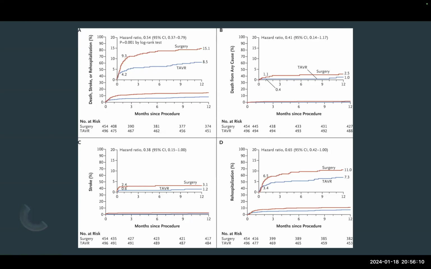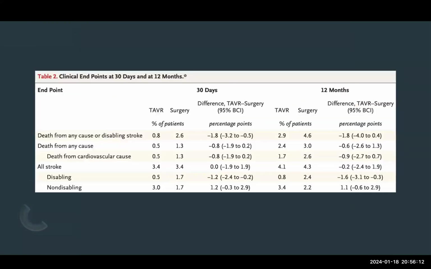Here we got 2.5% at 12 months, and here we got 3% at 12 months. So, the low risk patients: there are two trials, the PARTNER 3 trial and the low risk clinical trial. Both of them showed TAVR is not inferior to surgical aortic valve replacement. This is all you should say in the exam related to these clinical trials.